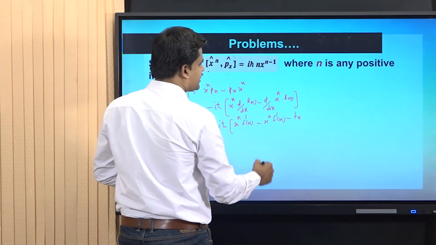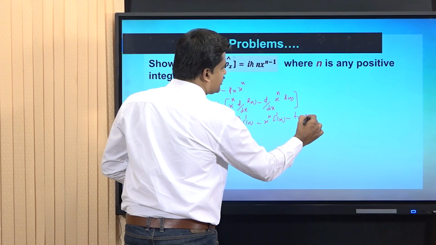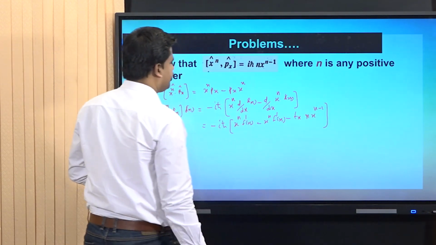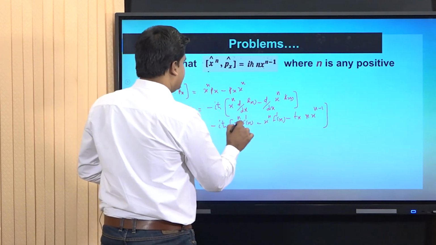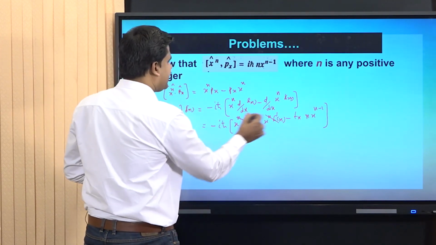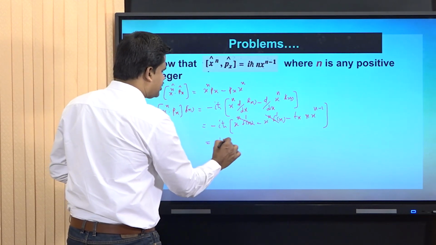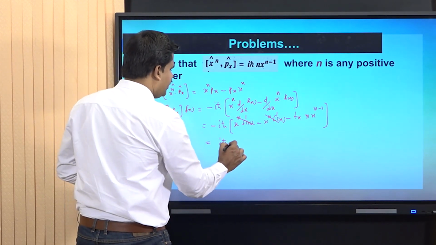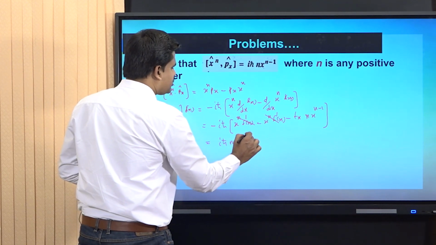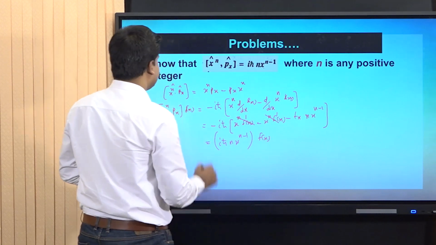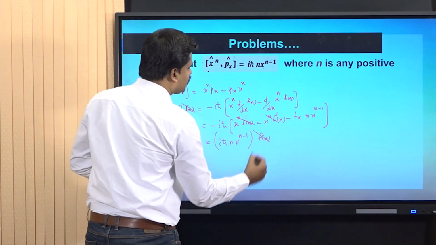What is differential of x raised to n? That is n into x raised to n minus 1. On simplifying, these two terms vanish, minus minus goes to be plus. So the result is i h cross n into x raised to n minus 1 multiplied with f of x. I have to remove f of x from both the sides.